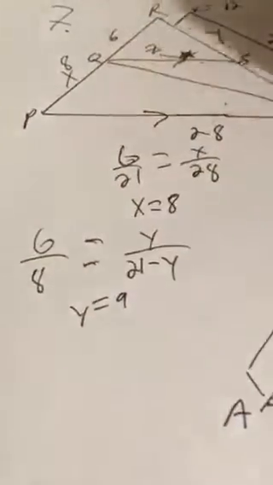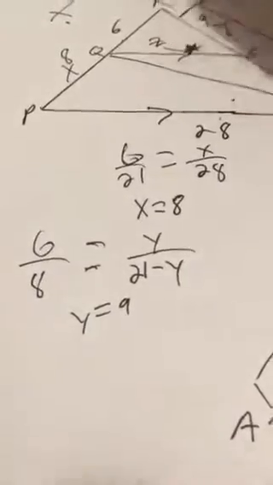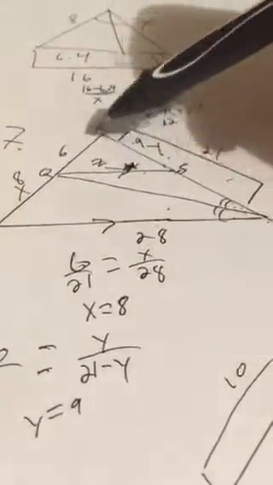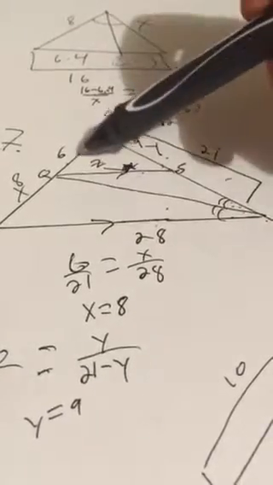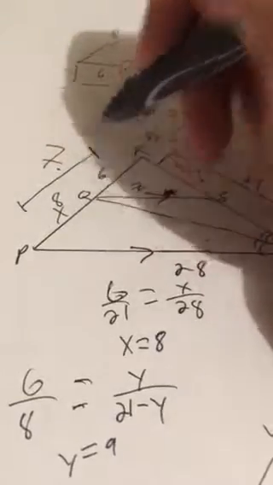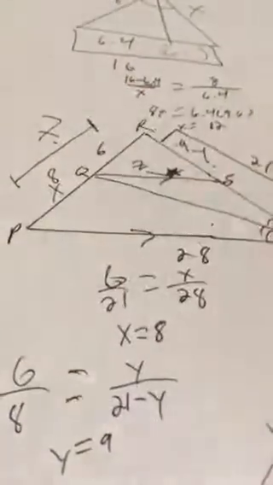Now that I know Y equals 9, I can do a couple things. I can go back up here to my triangle. Now that I know this big side length, which is 14, which is what I'm going to choose to use, so 6 plus 8 is 14.